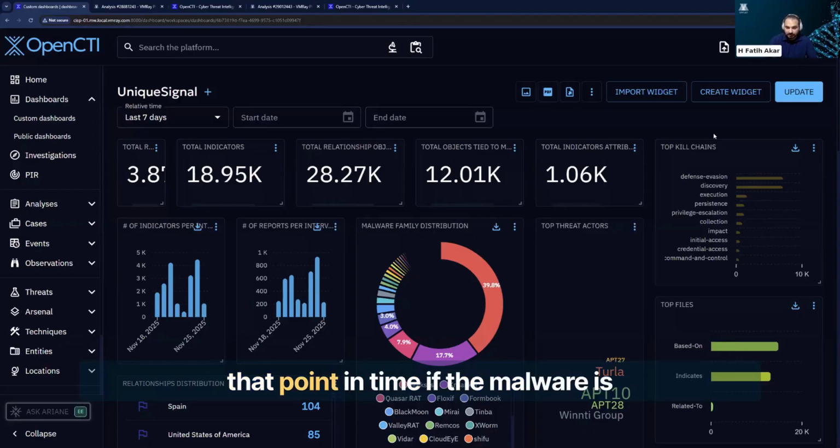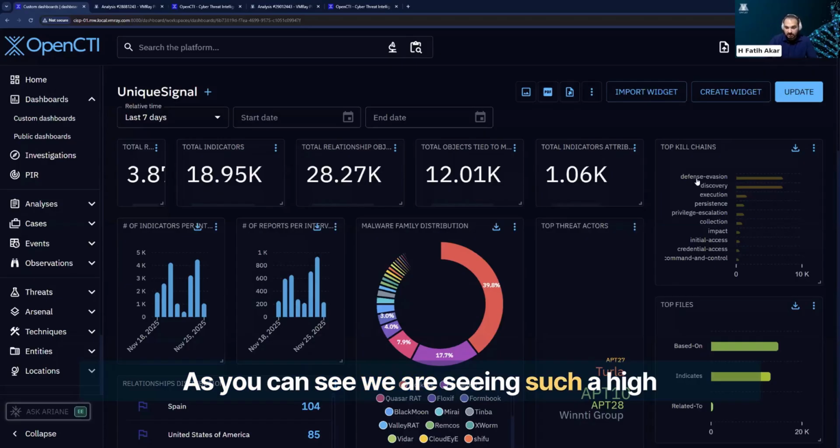Because if the malware is able to evade the threat analysis solution, then in most scenarios it will probably stop executing right there and then, and won't show any real behavior after that point.